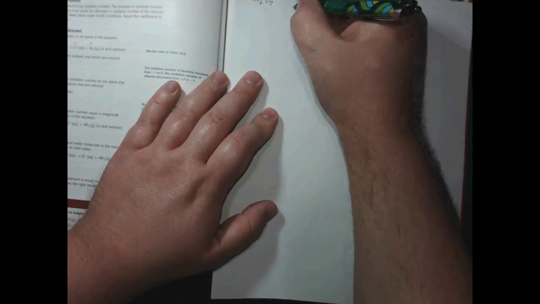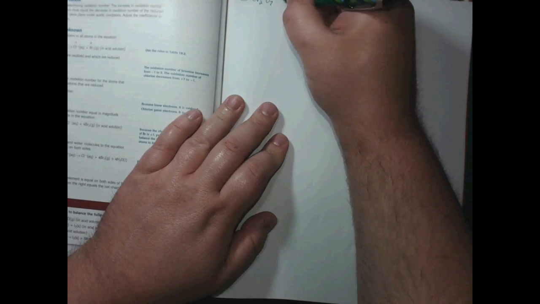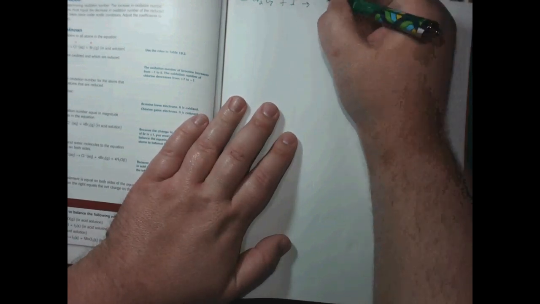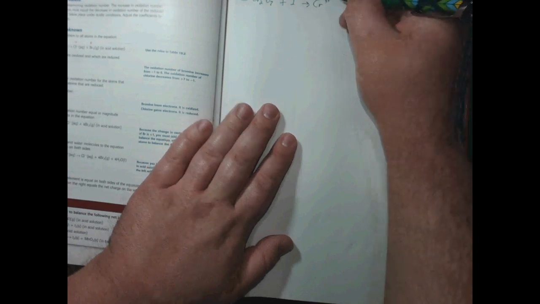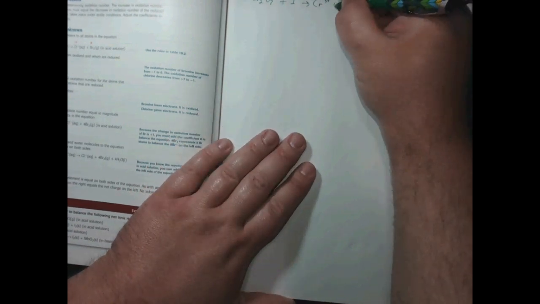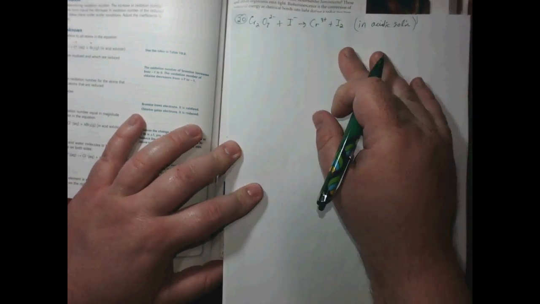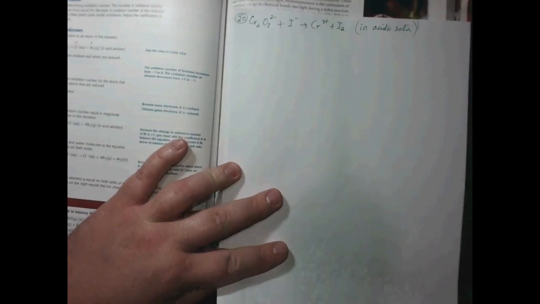Cr2O7 2 negative, plus I negative yields Cr3 plus, I2, and it's in acidic solution, meaning I can add H's and waters as I need. Okay, so because we're going to have to do that to both sides probably. What side you add the H's to is probably going to be the opposite side you add the waters to. Let's get the oxidation numbers first.